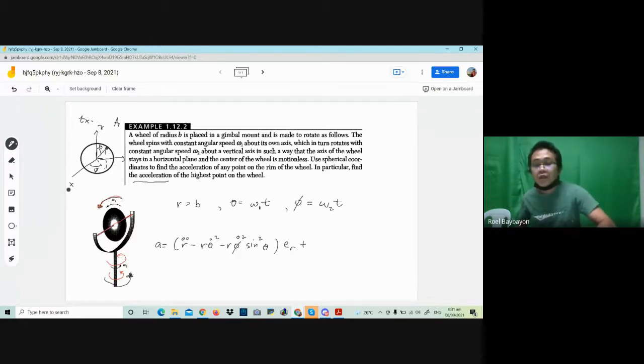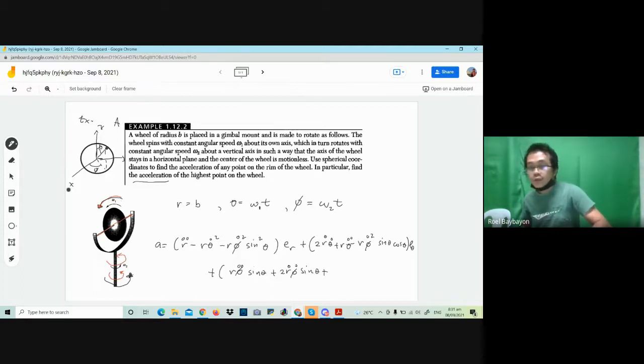So we have 2 r dot theta dot plus r theta double dot minus r phi dot square sine theta cos theta e theta, plus r phi double dot sine of theta plus 2 r dot phi dot sine of theta.